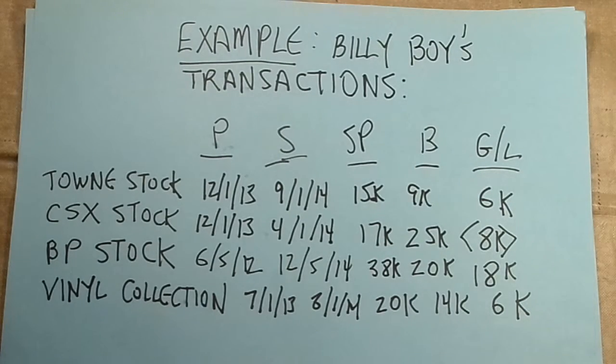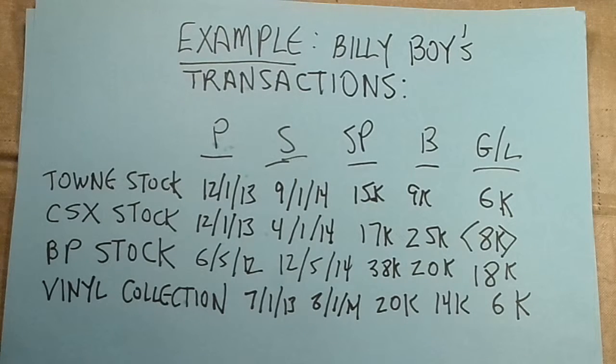Billy Boy sold stocks for $15,000. His basis in them was $9,000. So his gain here is $6,000 and it's a short-term capital gain.